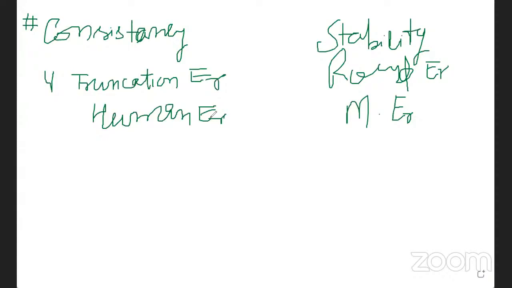Similarly, when we use any machine like a calculator or computer, there is a limitation of the machine also. The machine cannot store the number 1 by 3 exactly. Am I right? It's a non-terminating floating point number.